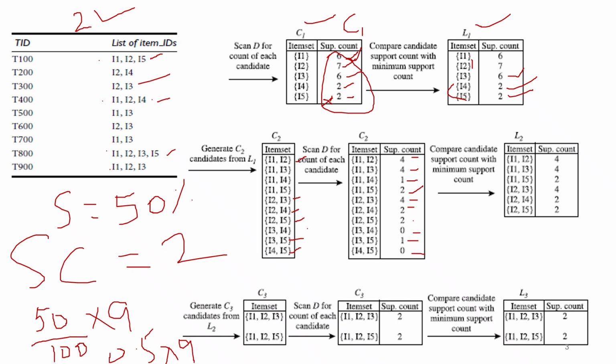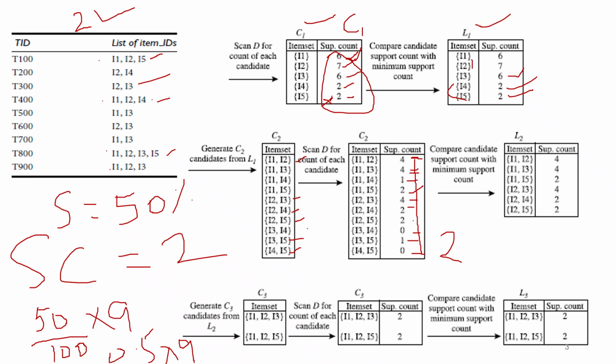Now from candidate key C2, I am generating L2, where I compare each candidate support count with the minimum support count. Whatever satisfies it will be moved on to L2. I1, I2 and I1, I3 are here.